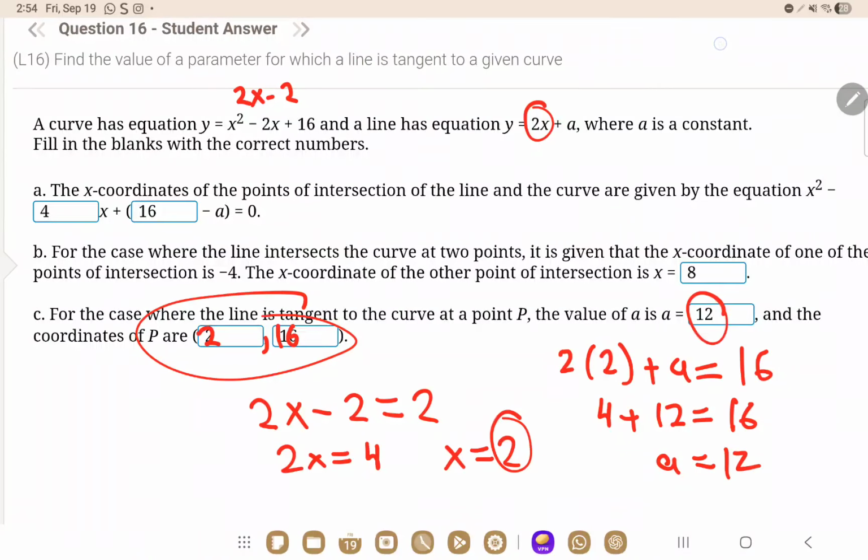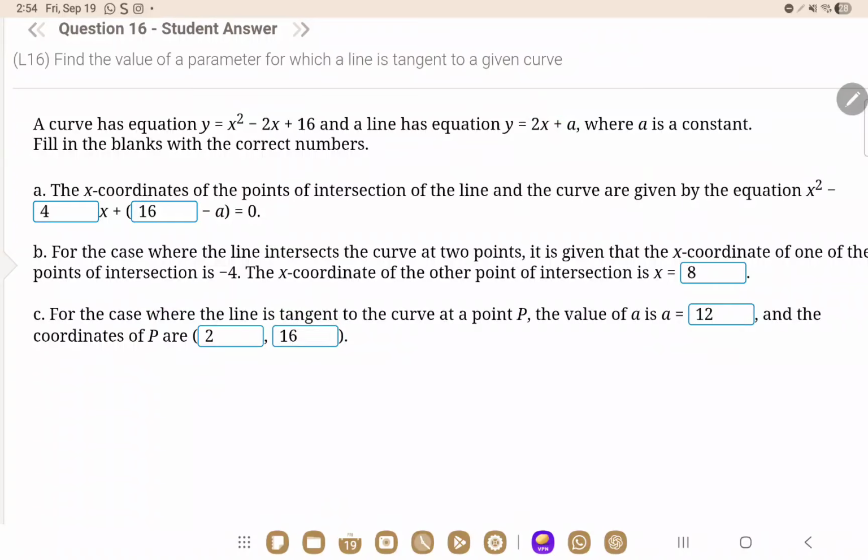The second way you could solve this is to make the discriminant equal to 0. Remember when we used to do the quadratic formula last year? How did you find the delta? Delta equals b squared minus 4ac.